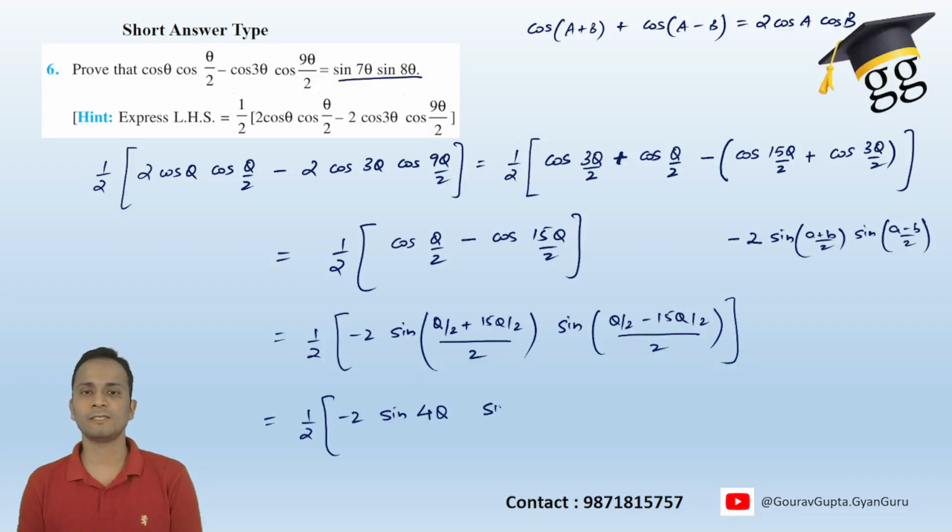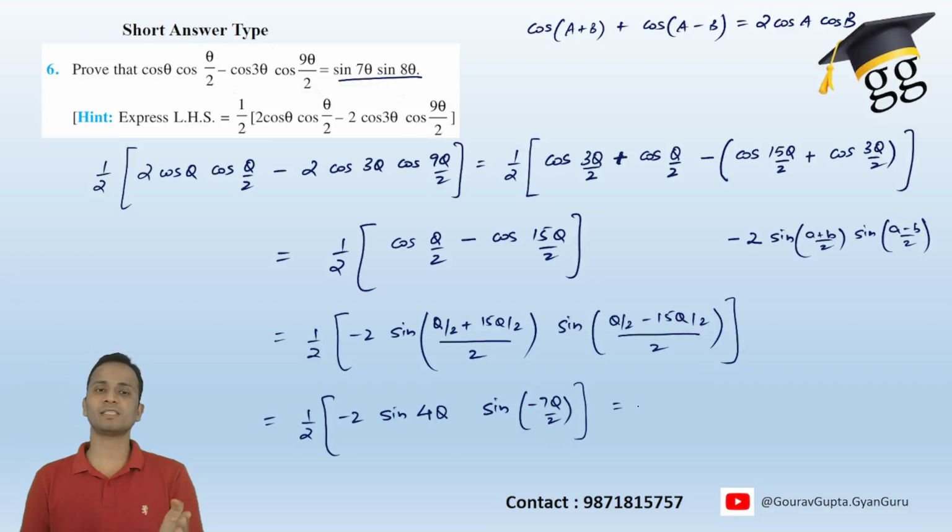Okay, then sine of theta by 2 minus 15 theta by 2 will be minus 14 theta by 2, and that is minus 7 theta, divided by 2. Sine of minus theta is minus sine theta. So take the minus sign outside and 2 and minus 2 will get cancelled.